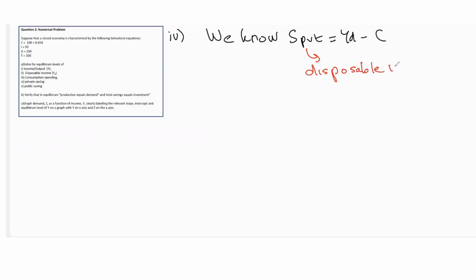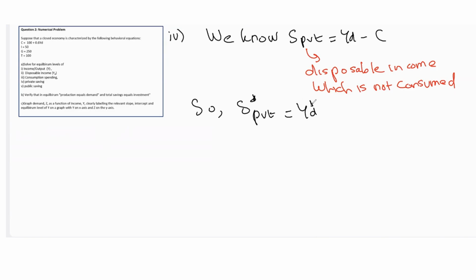Disposable income we found in the second part, which was 750, and consumption we found in the third part, which was 550. So private savings is just 200.